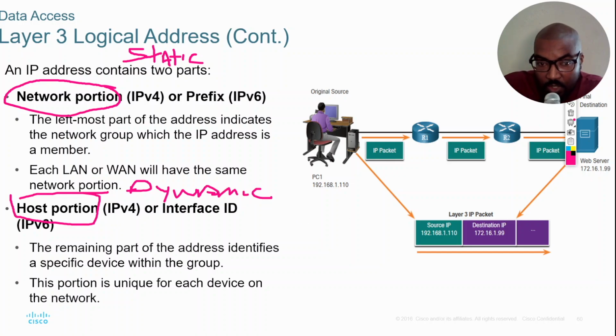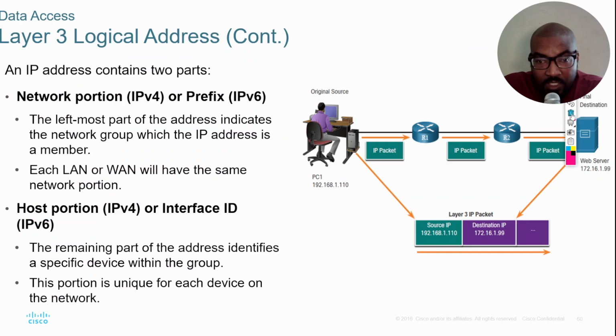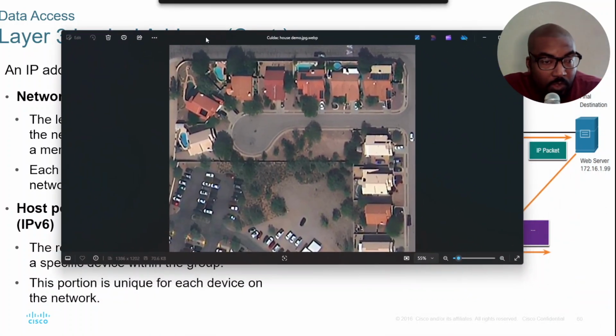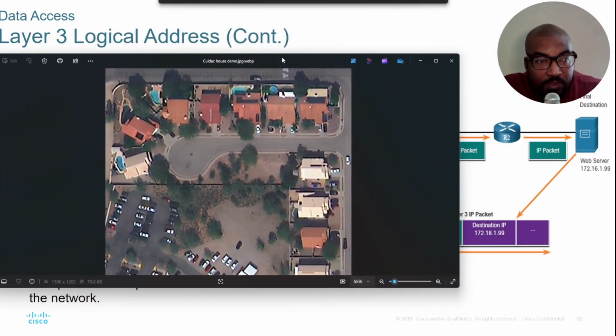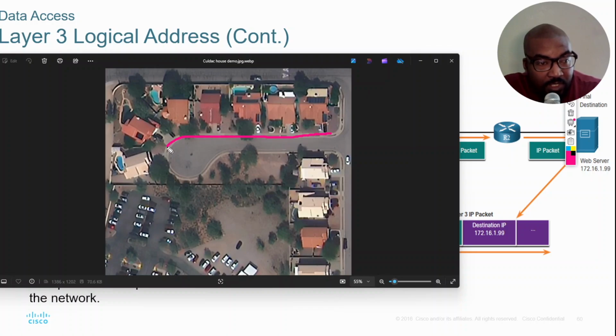They can move. So let me give you another representation of how that will look on this cul-de-sac here. Let's go back to my cul-de-sac at my house. Love showing these little graphics. So as you can see in this graphic, when these homes were built, they were all built on the same street.